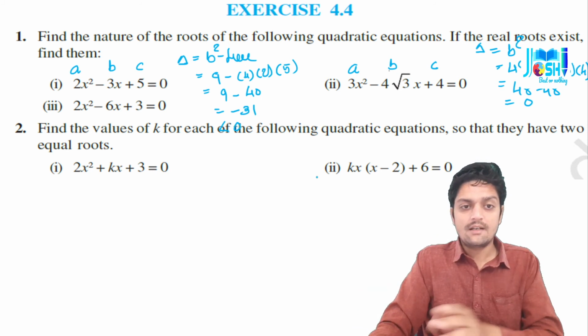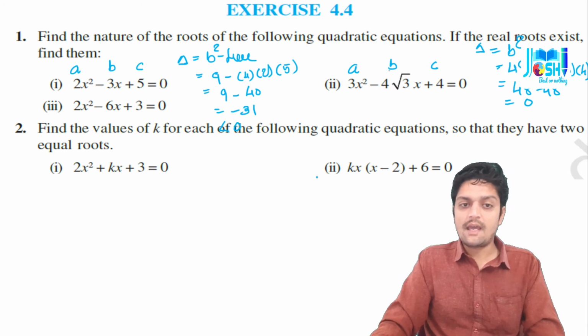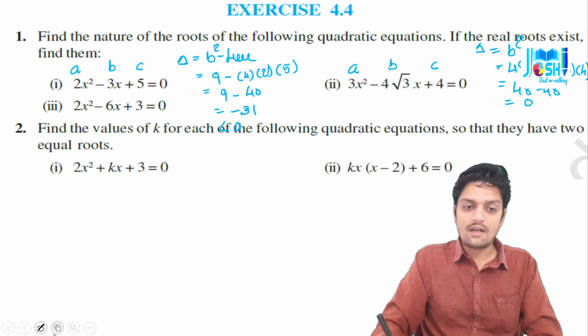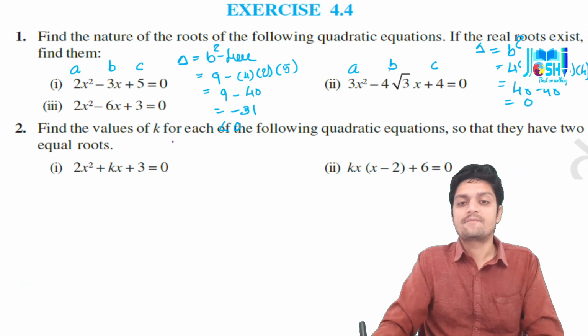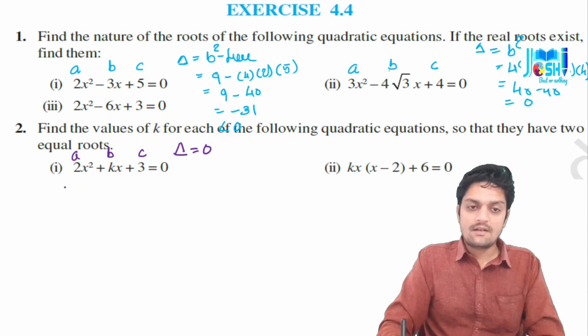Let us see the second one. Find the value of k in the following equation so that they have two equal roots. Equal roots means what? Here you have to use delta is equal to 0. That is the landmark. Okay, this is the keyword. Here you have to use delta is equal to 0. a, b, c. Delta is equal to b square minus 4ac.